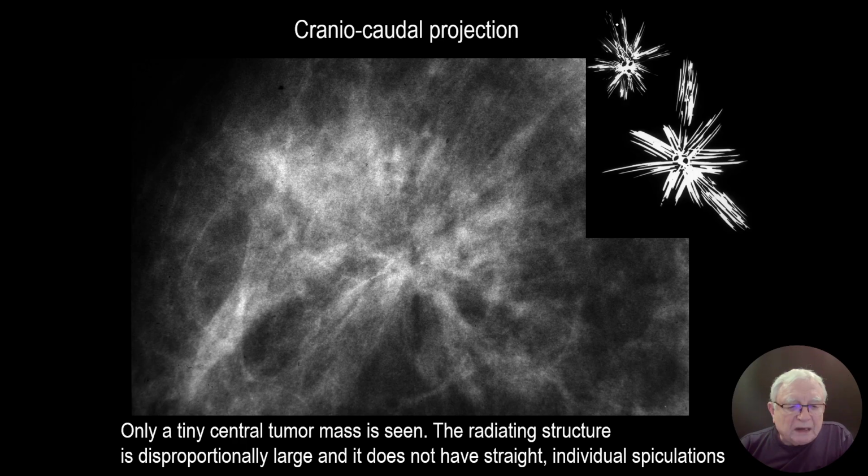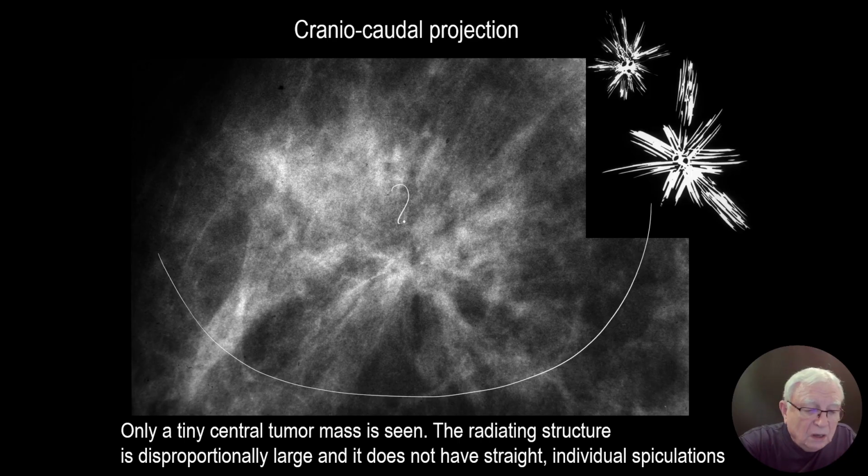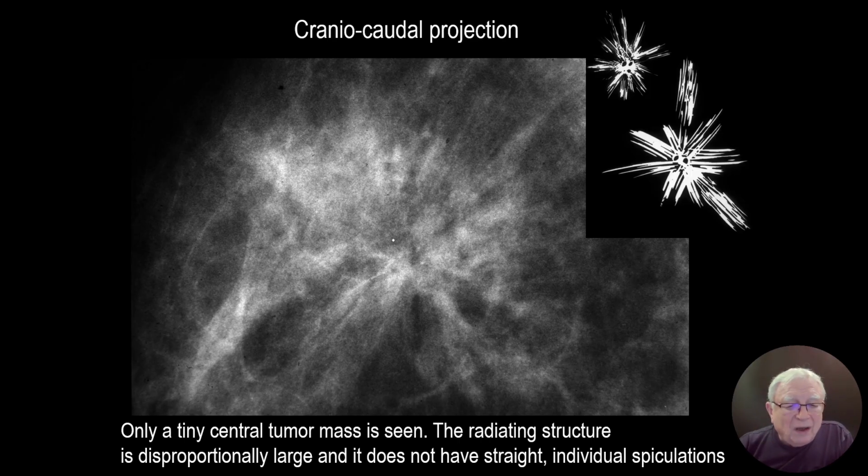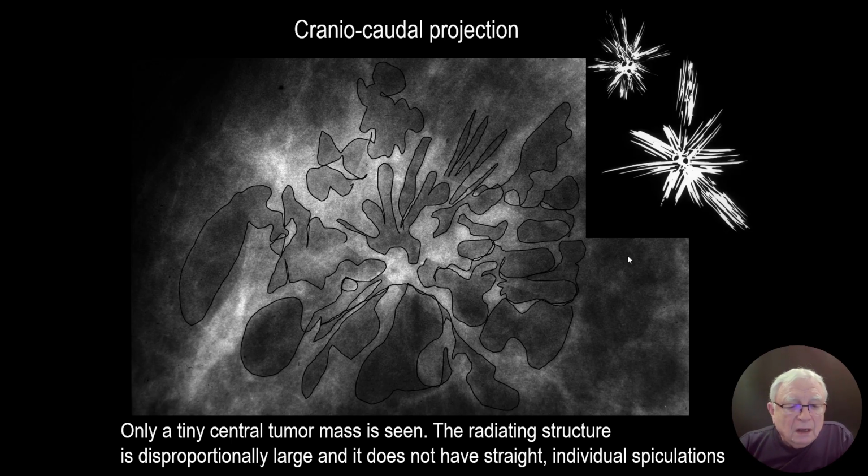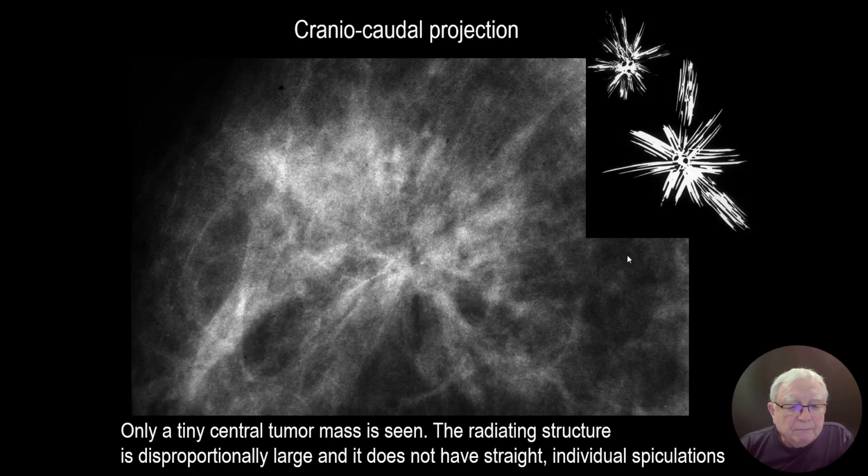Here's a microfocus magnification on the CC projection. You found architectural distortion. And now you analyze the extent of the radiating structure, no central tumor mass. And then you analyze the radiating structure. And with a little fantasy, you say, this could be a black star.